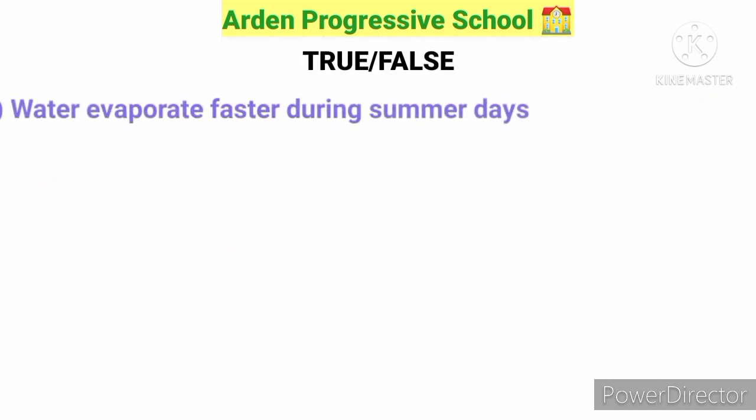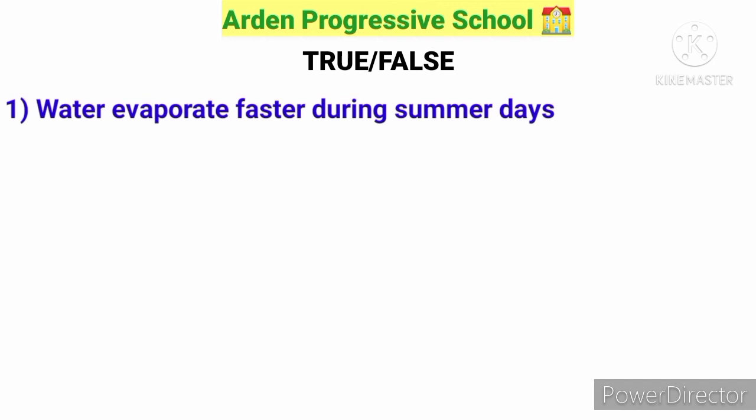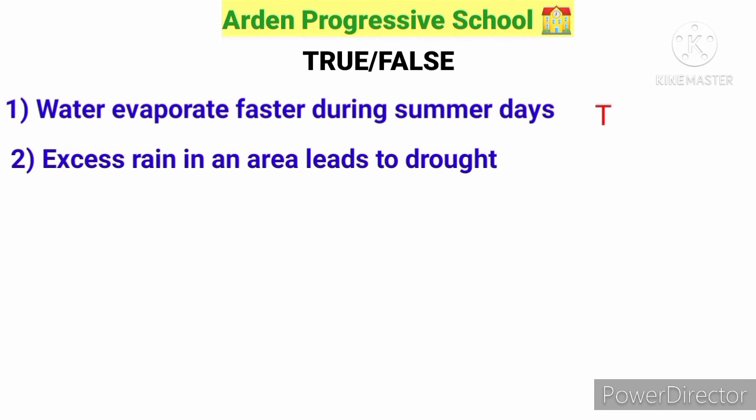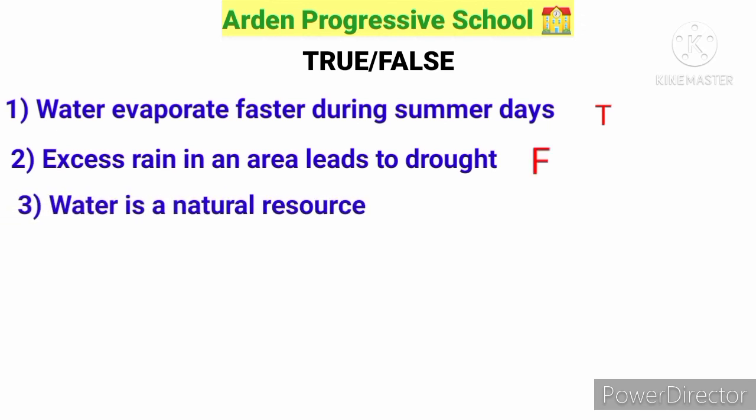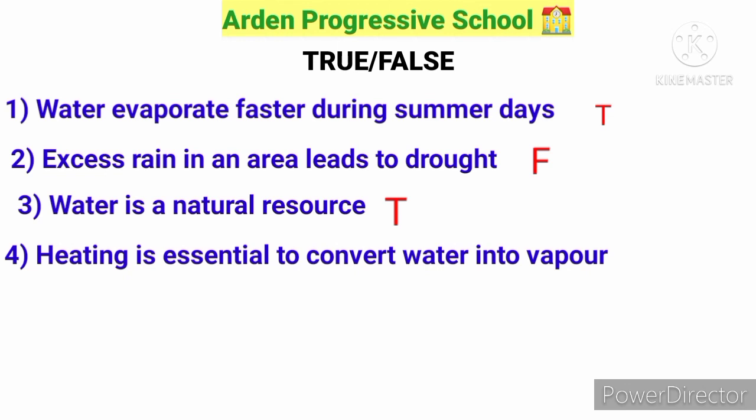Now the next is true and false. First, water evaporates faster during summer days. So it's true. Next, excess rain in an area leads to drought. This is false. Next, water is a natural resource. So it's true. Heating is essential to convert water into vapor.